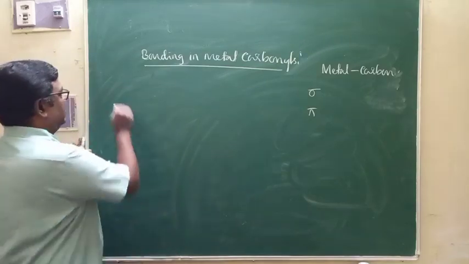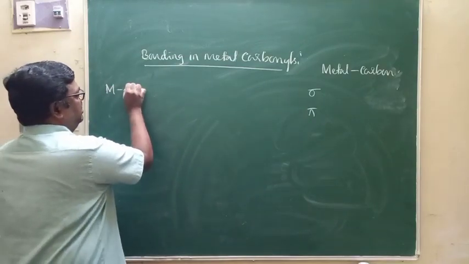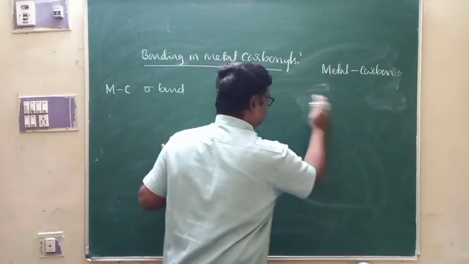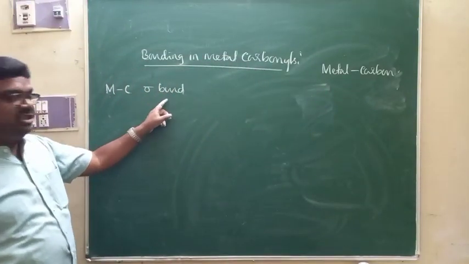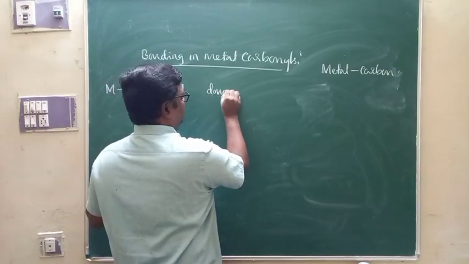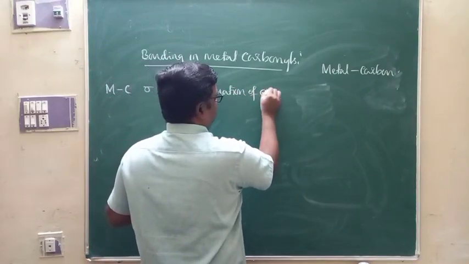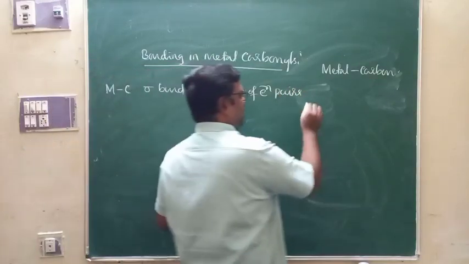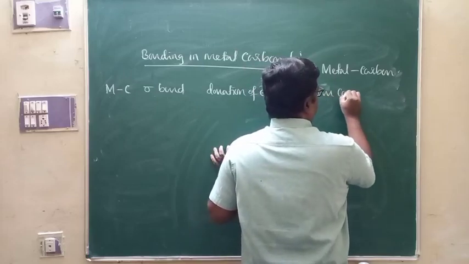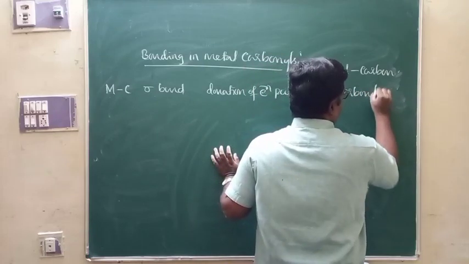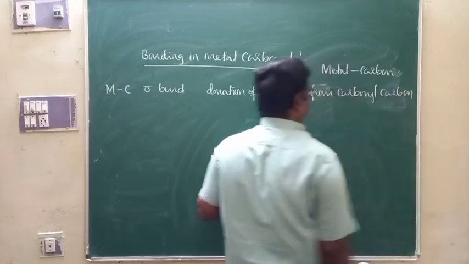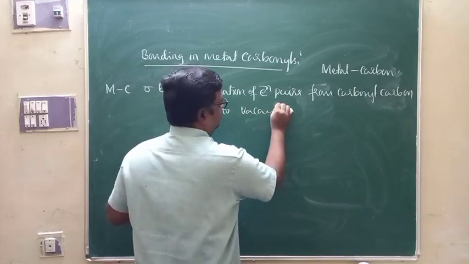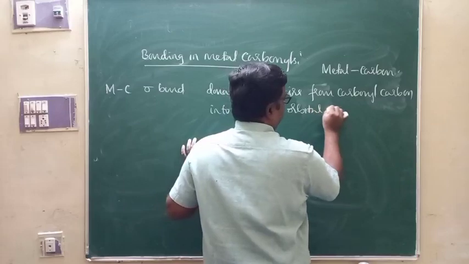As far as the metal to carbon sigma bond is concerned, this metal to carbon sigma bond is produced by donation of electron pairs from carbonyl carbon into vacant orbitals of metal.